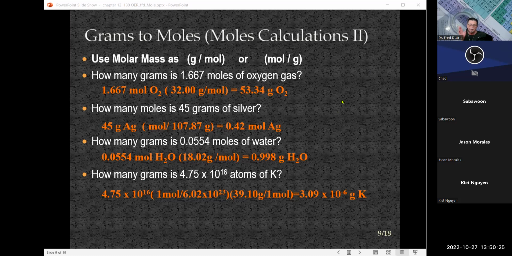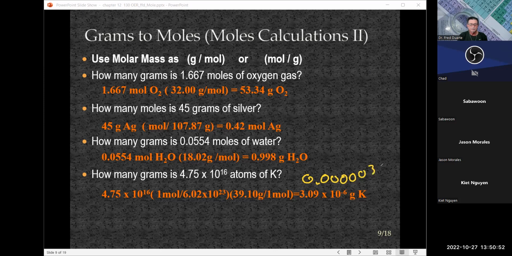And when you go through that mathematical calculation, that number of atoms represents only 3.96 times 10 to the negative 6 grams. That's a tiny number. Most balances that we have in the lab cannot measure that. You got 1, 2, 3, 4, 5, and 6.